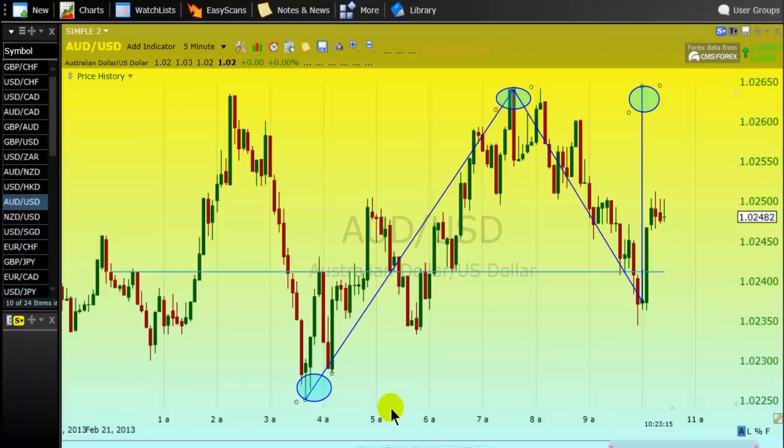Sometimes it may not happen at the same time like it's happening here on the chart. You may see some delays, a few weeks or a few days, but the same pattern that we have seen on the primary financial instrument will duplicate itself on another positively correlated financial instrument.